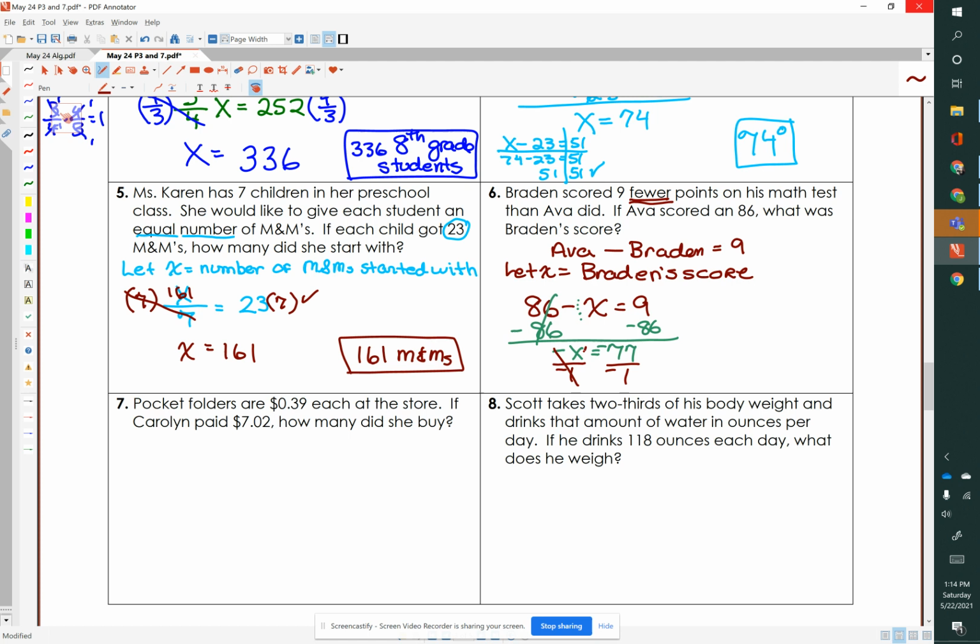And when we do that, we have X isolated and X equals positive 77 because negative 77 divided by negative 1 is positive 77. So Braden's score was a 77.